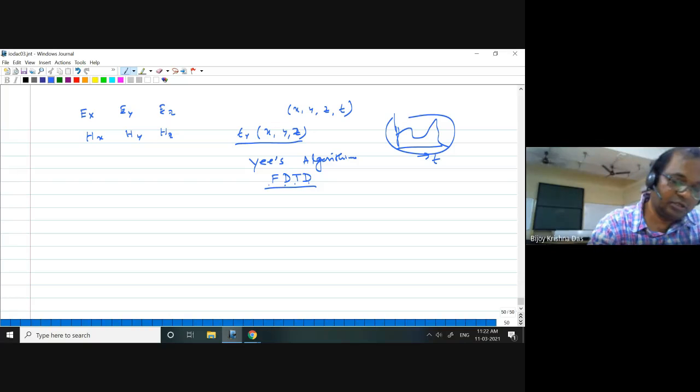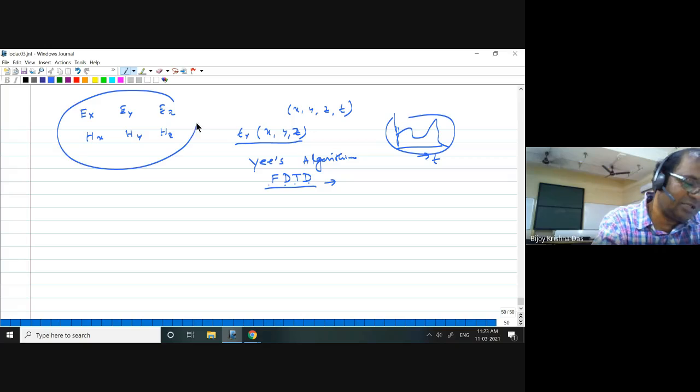The FDTD method is used directly. You can solve Maxwell's equations and find the electric field and the magnetic field. You can even develop your own code directly from Maxwell's equations, considering all these 6 components, all the full vectorial components.